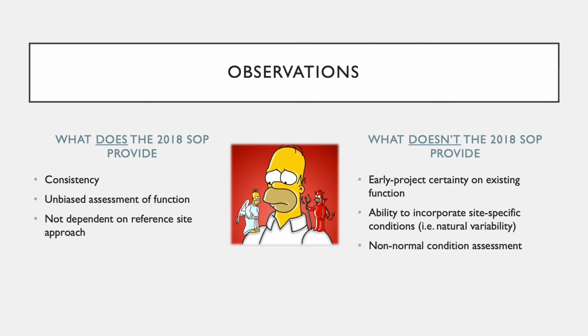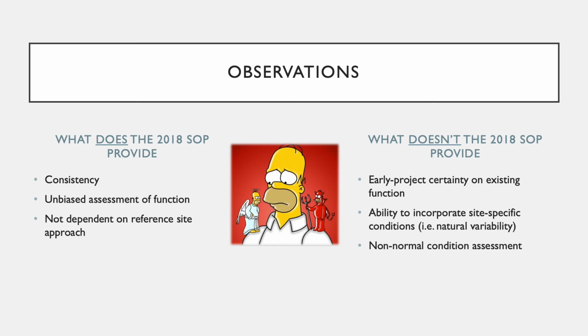It also doesn't allow us to incorporate site-specific conditions. The example site we were just looking at is a riverine floodplain that is actively connected to the river and does flood. There are a lot of other sites in riverine settings that aren't well connected with the river, and flooding does not occur.